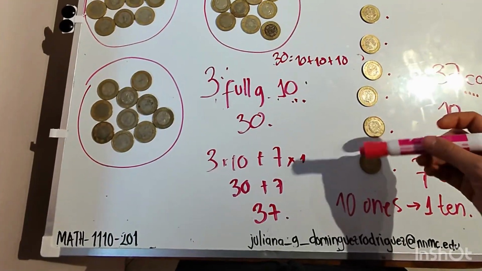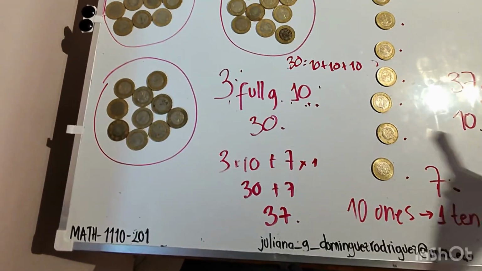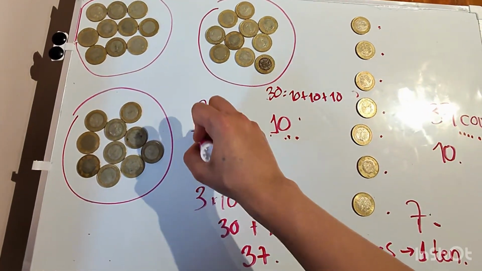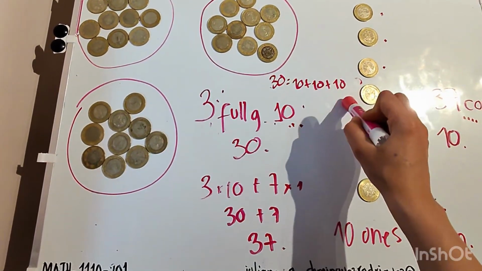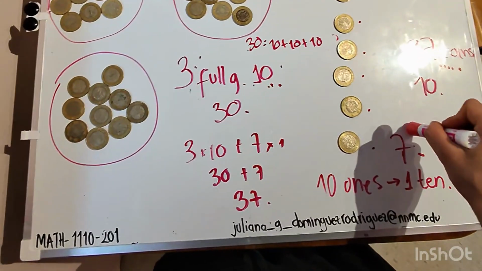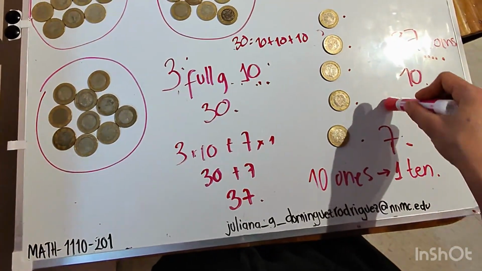So what do the 3 and the 7 mean? 3 represents the tens because we have 3 groups of tens. The 7 represents the ones because we have 7 individual coins that are not grouped.